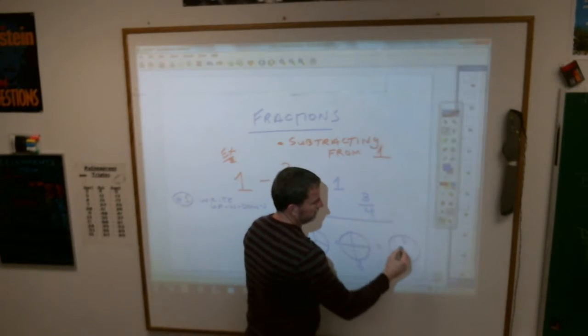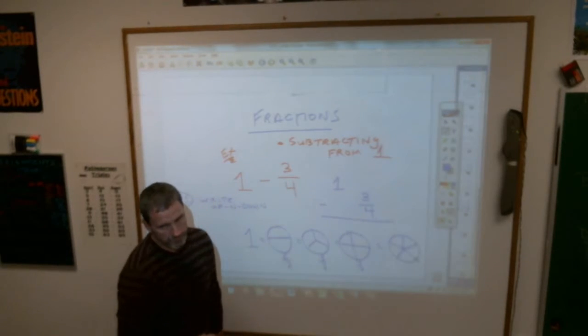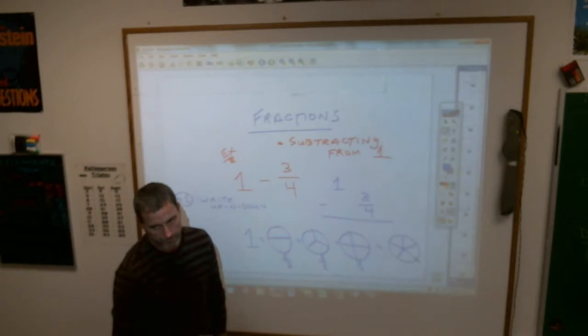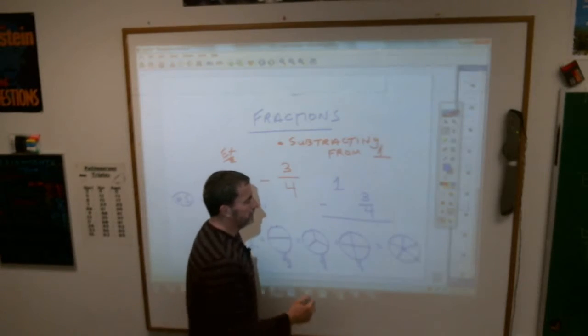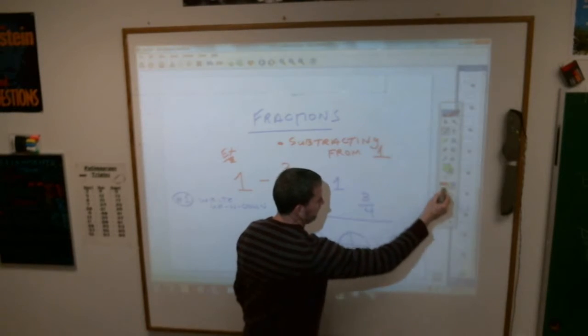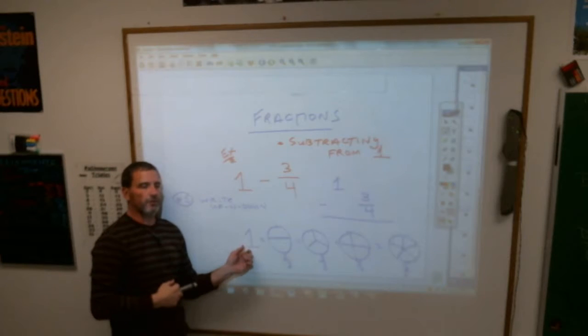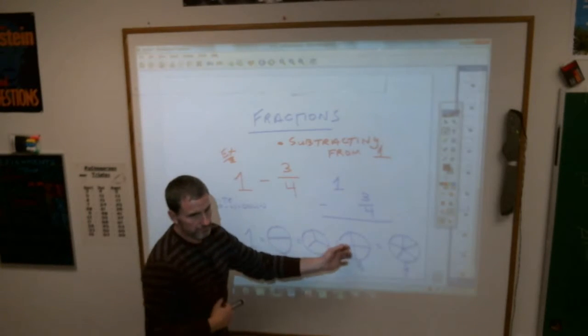If I take this circle, it gets hard to do fifths, but I'll do it just because. And I cut it into 5 pieces, what fraction equals 1 there, Lauren? So as you can see, there is no end to the number of fractions that equal 1.